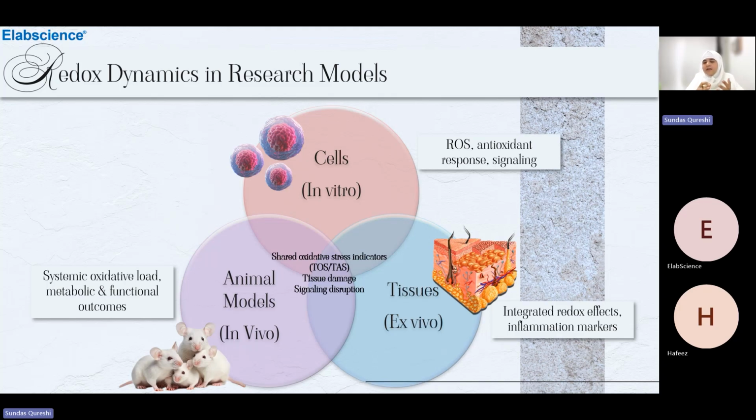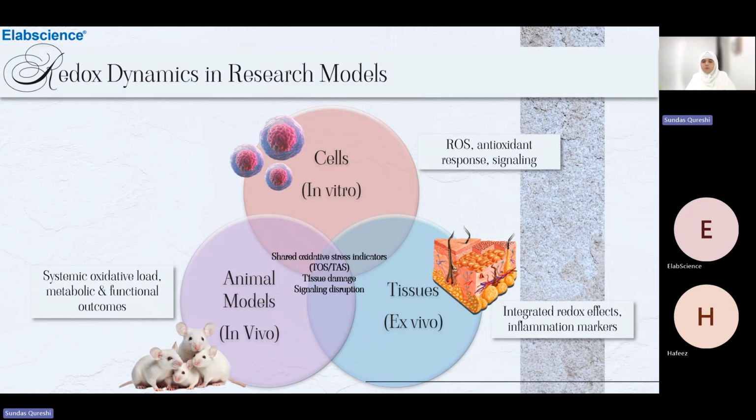Tissue studies add complexity, showing how neighboring cells influence the redox balance. Animal models demonstrate the full physiological picture, where systemic functions like inflammation, diet, and other factors like hormonal signals shape the oxidative stress.